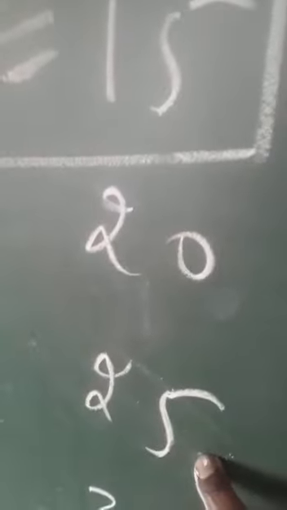Now the fourth term is 20. We will find the difference of 20 and the assumed mean, that is 15. We find it as 5. Similarly, we have obtained the difference of 25 and the assumed mean, that is equal to 10, and the difference of 30 and 15, that is equal to 15.